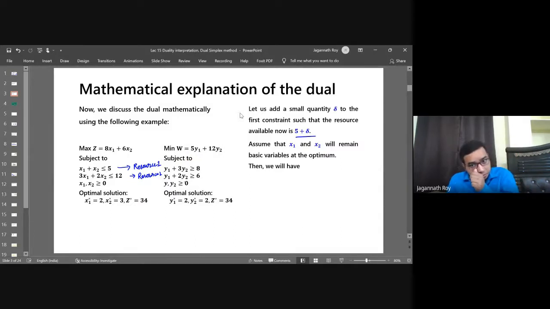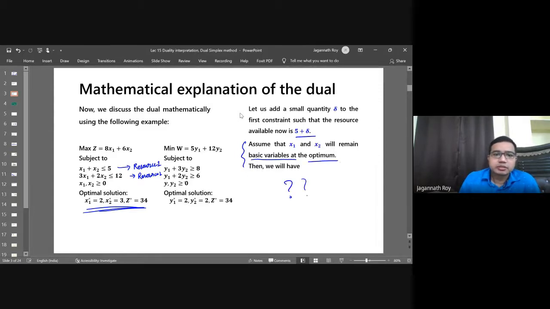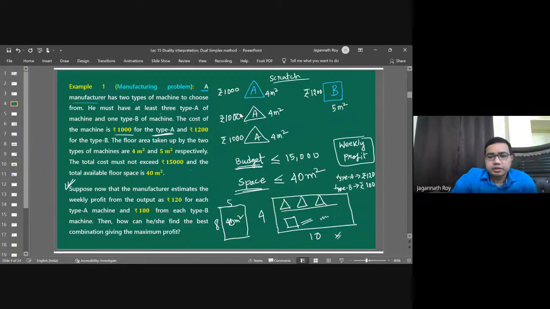Assume that these two still remain the basic variables at the optimum. The question is, if we add delta amount to this resource, how much change can we see in the profit or the cost function? That can be explained in this way.